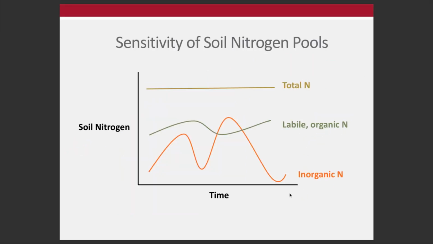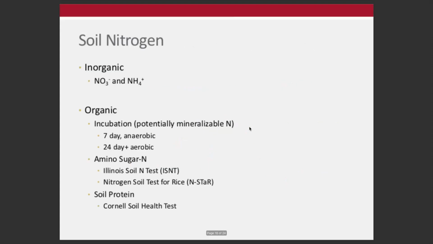This again goes back to the idea that total nitrogen is a very important measurement but changes very slowly over time. It might take years or even decades to see changes in total nitrogen, depending on a management practice. But we want something that's not too ephemeral, that doesn't bounce all over the place, but is a little more sensitive to management. That would be a good soil health indicator. So soil protein is one of those possibilities.